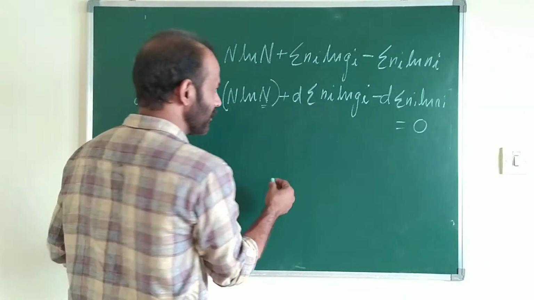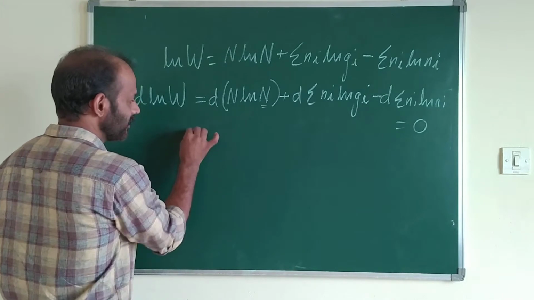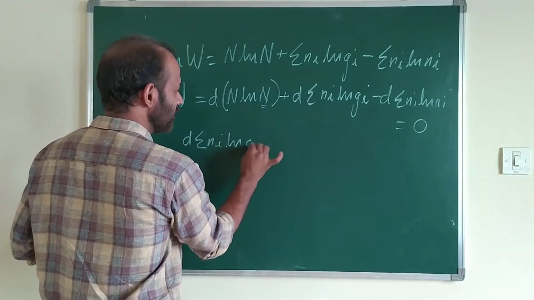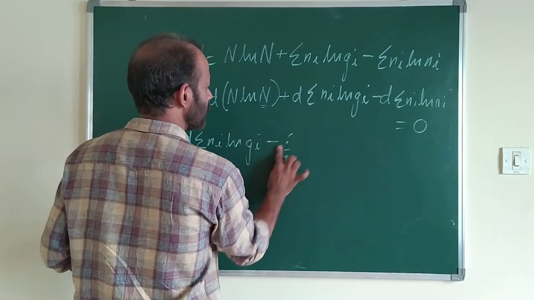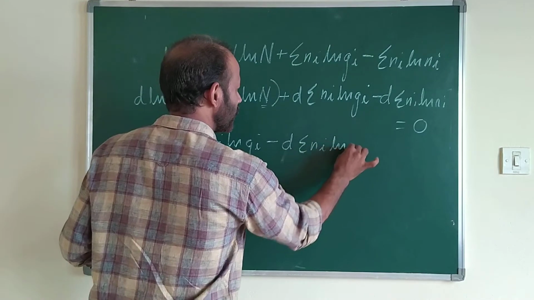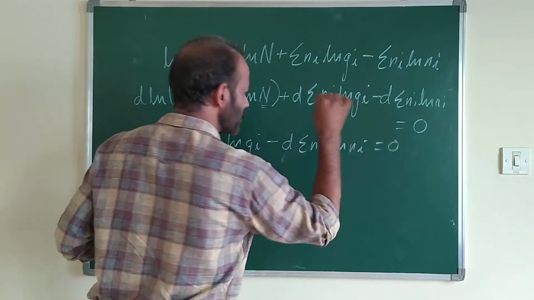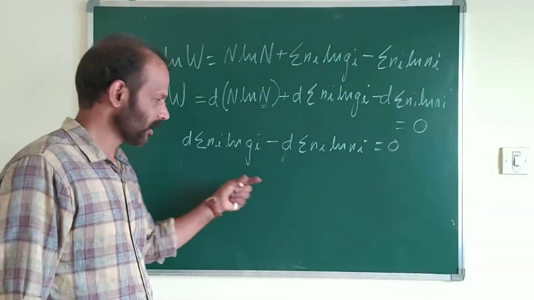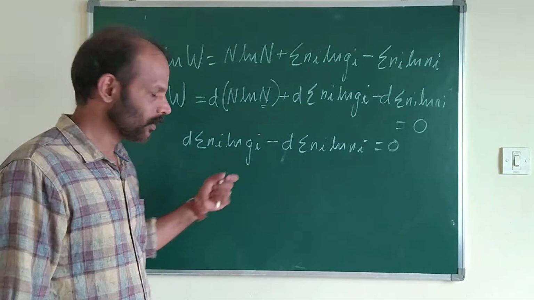Then the remaining term is d of sigma ni ln gi minus sigma ni ln ni, which is equal to 0. And we can differentiate both terms using the UV rule.